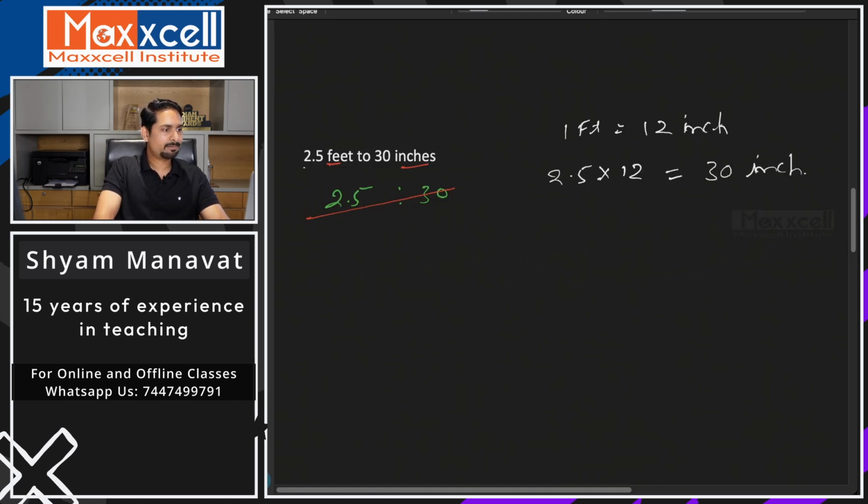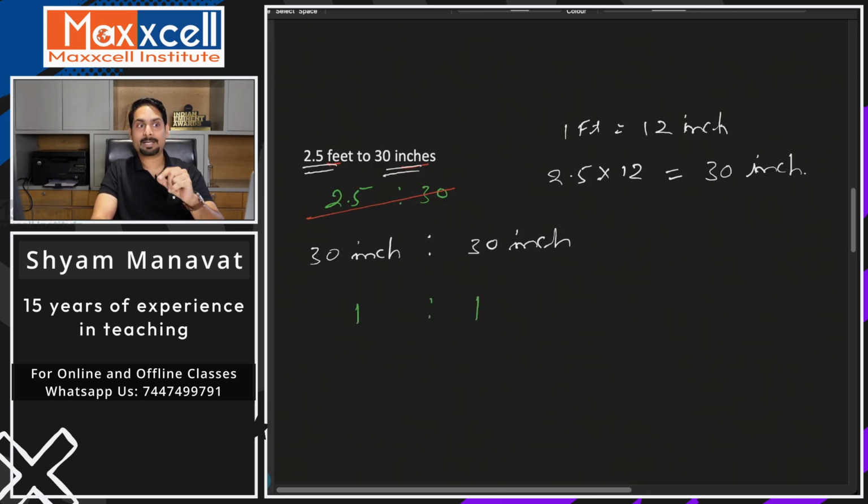So 2.5 feet is nothing but 30 inches, and the other quantity is already in inches, that is 30 inches. So if you find the ratio of them, what will you get? 30 and 30. Divide by the common number. So I divide both of them by 30 and get the ratio as 1:1. Okay, I hope this is clear.